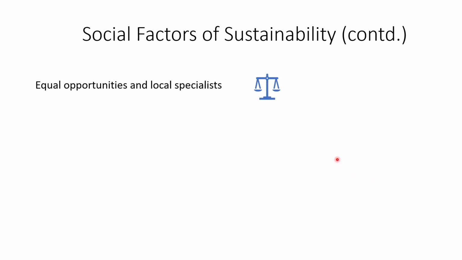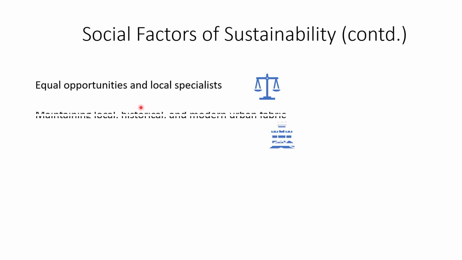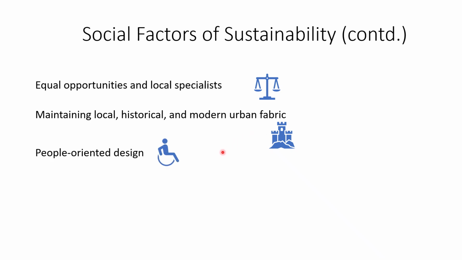Now, looking into it in detail, equal opportunities and local specialists: we should use local specialists for our tasks, and we should give everyone an equal chance in the local community. Maintaining local, historical, and modern urban fabric is a part of social factors of sustainability as well. The design should be inclusive. The design should be people oriented and not only for the profits.